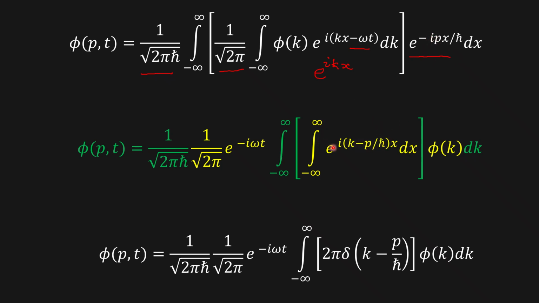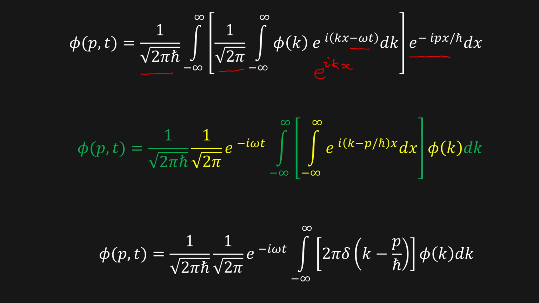I have taken i outside, and I have taken x outside. I have brought dx here, and dk outside, because only φ(k) contains k dependence. Φ(k) is only k dependent, so I have taken that outside this integral. So φ(k) with respect to dk.